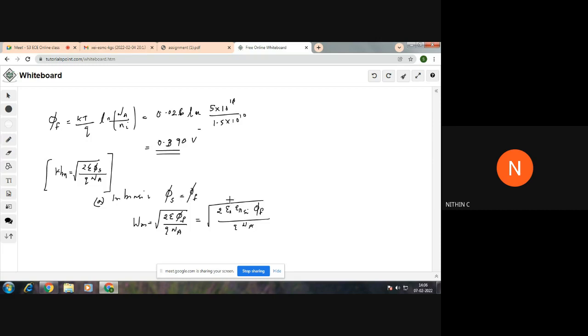Epsilon 0 value is 8.85 into 10 raised to minus 14. Epsilon r silicon is 11.8. So you will get the value as 1.009 into 10 raised to minus 5 centimeters. Since it is depletion layer width, its unit is in centimeters.